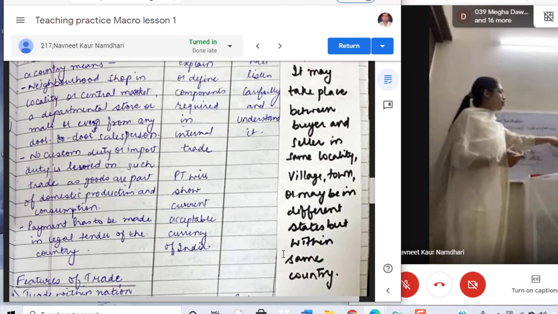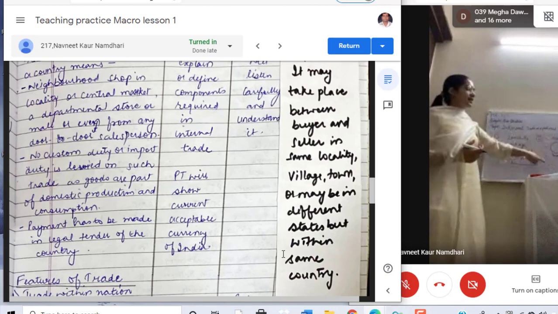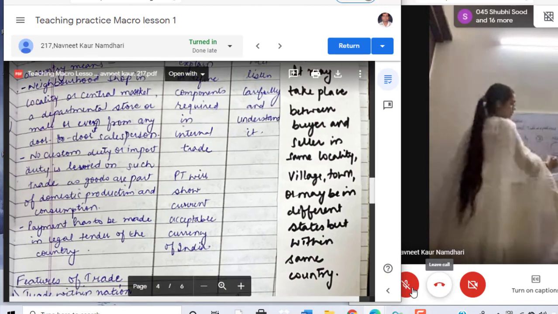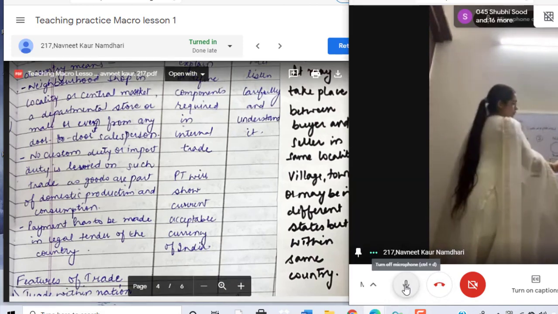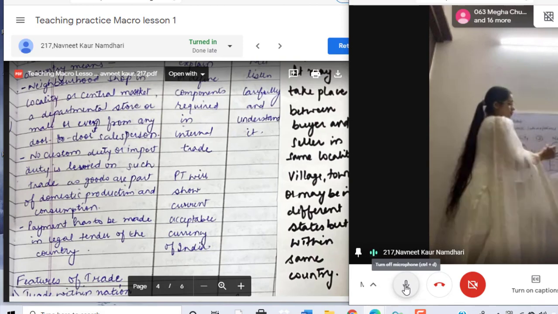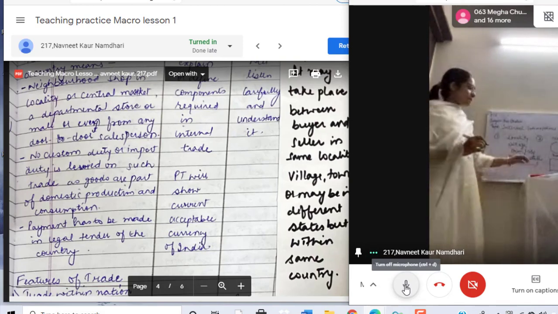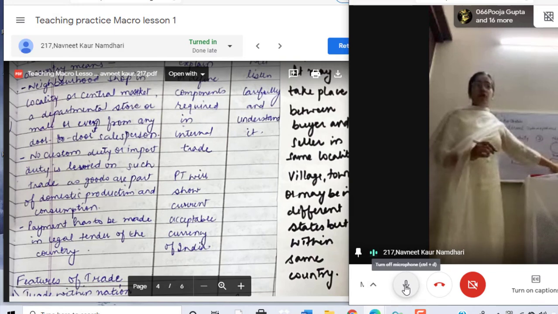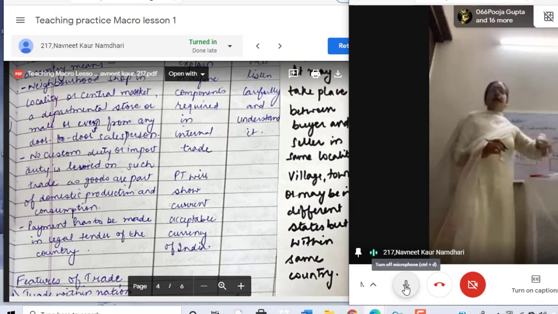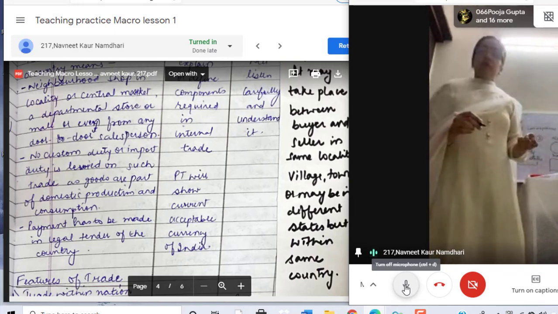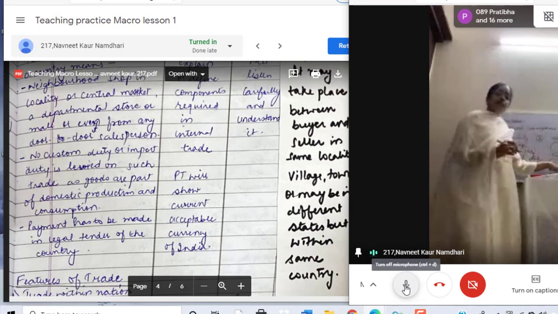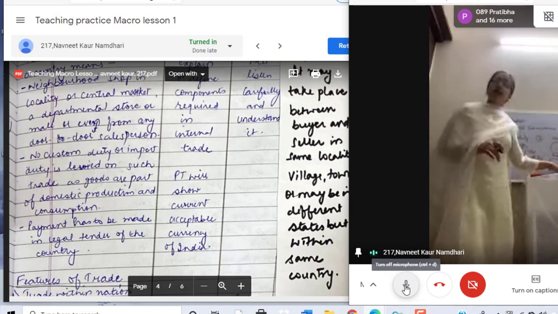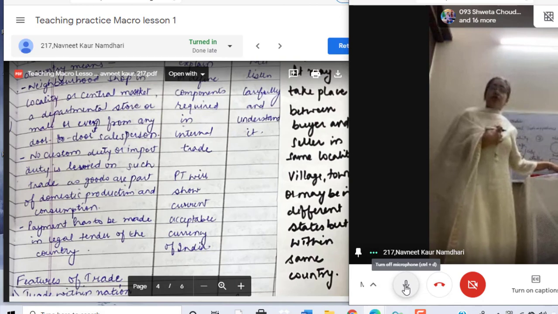This kind of tax is not levied under internal trade, because goods are part of domestic production and are meant for domestic consumption. We are consuming the goods, right?